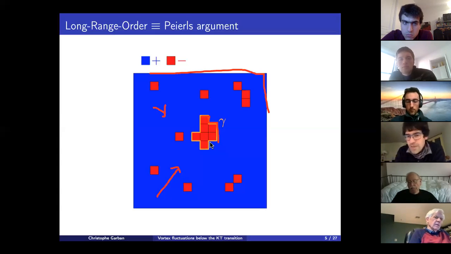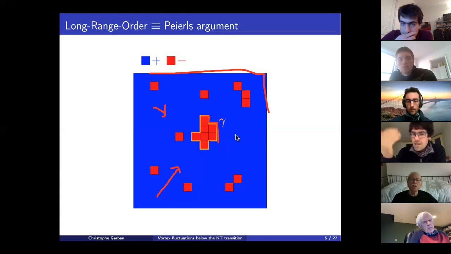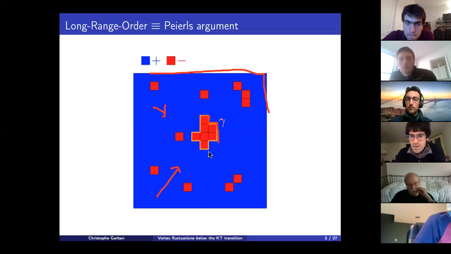And the conclusion of the argument is a combinatorial argument, which tells you that there are not so many available interfaces to change the phase from plus to minus. There are exponentially many interfaces with a certain exponential rate. But when beta is large enough, you can beat this exponential rate. And so it is getting very difficult to pay this energy cost. So this is an energy versus entropy cost, which has the implication that there is this long-range order.